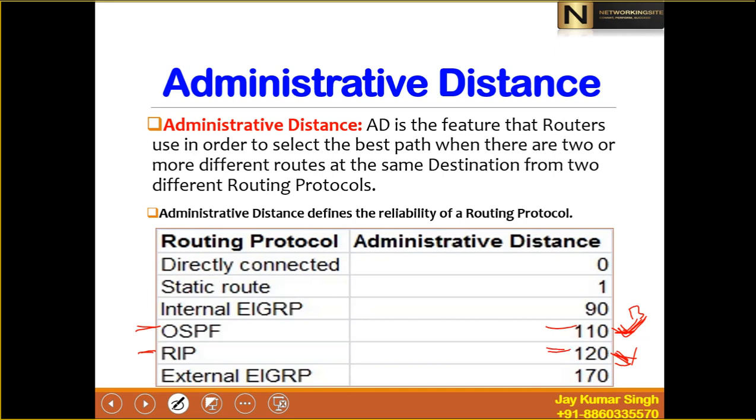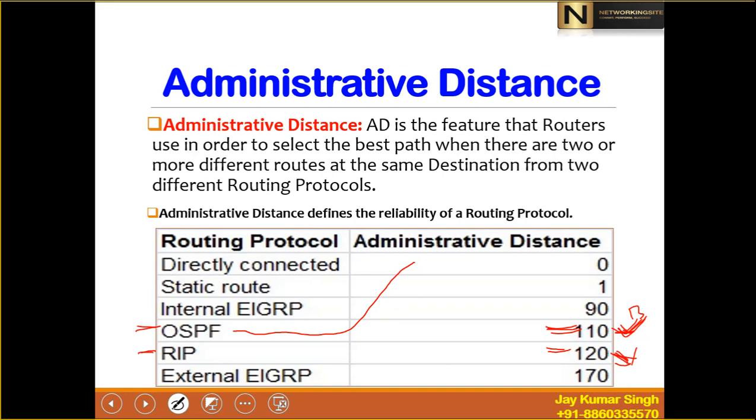Means if you have two cars, you have to compare with administrative distance, so automatically your router will pick OSPF to send packets from source to destination. Understood what is administrative distance? Administrative distance is a number given to each and every routing protocol to differentiate who is best.